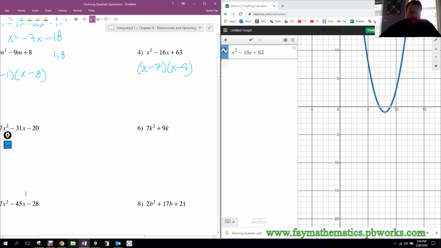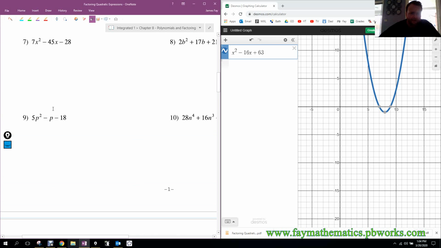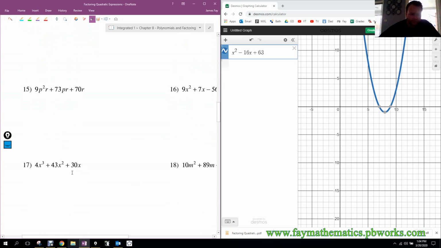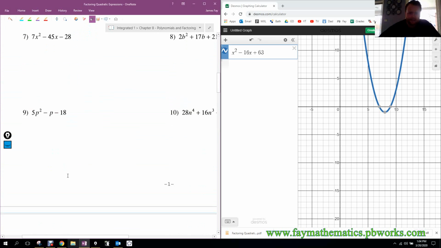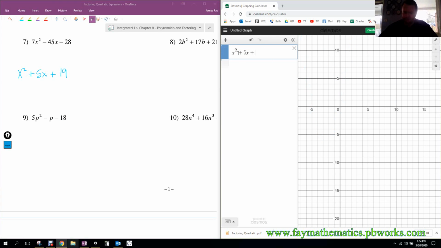Let's say we have one. I don't know if I've got any on here that are like this, but you can start to see, I just got a couple others for a different section that we'll work on later. Let's do this one. Let's say I had x squared plus 5x plus, I don't know, 19, and I wanted to factor that. Well, if I put the plus 5x in, plus the 19 in, and we graph it, now you don't see anything graphed.